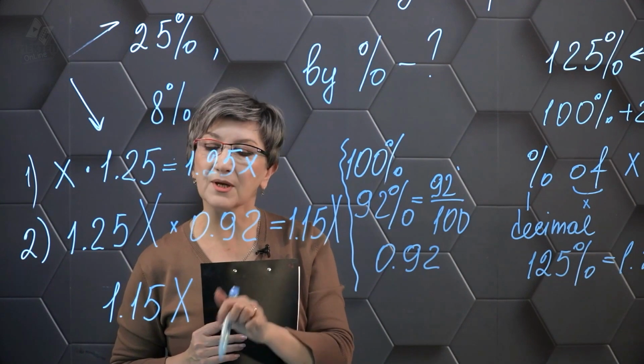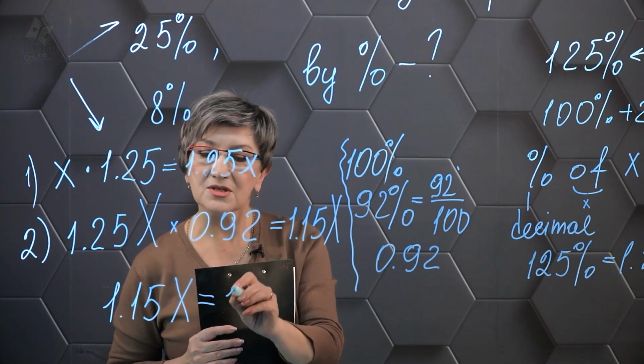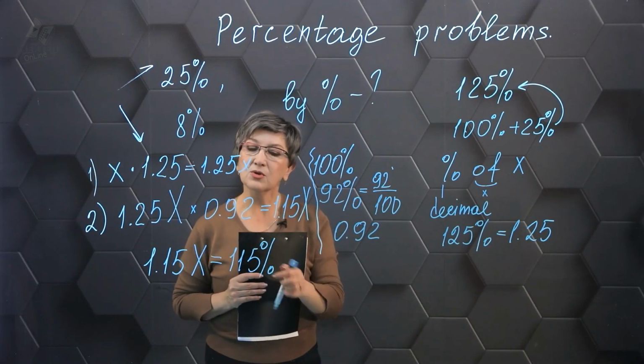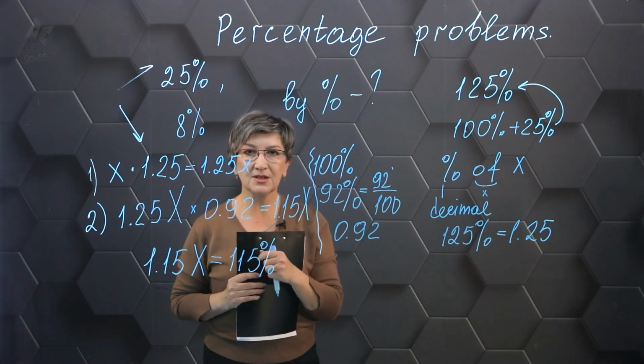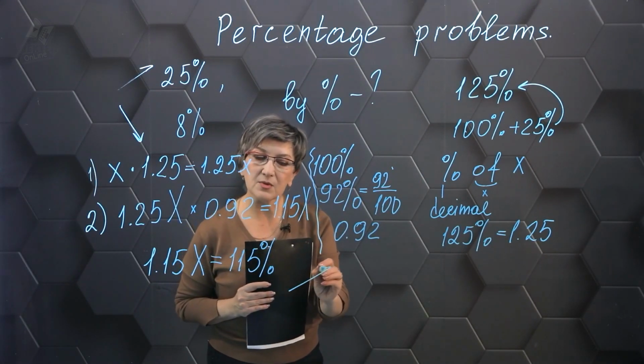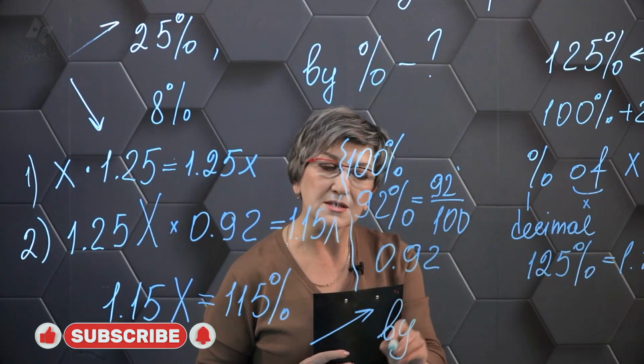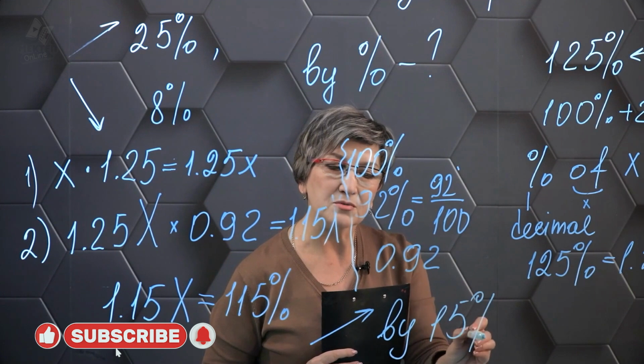Thus, our initial number has undergone a change of 15%, resulting in a revised value. Consequently, in the response, I will explicitly state that our number has been increased by 15%.